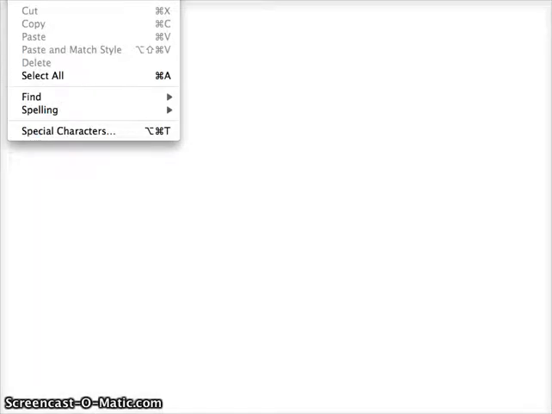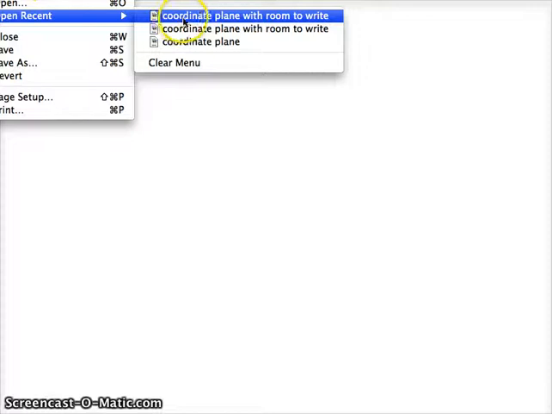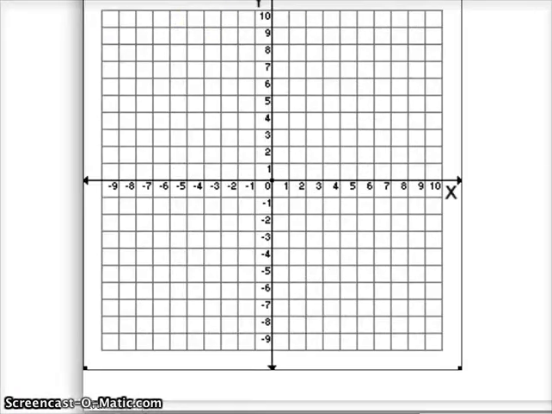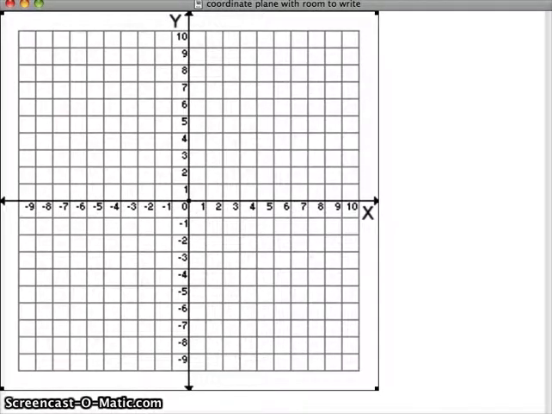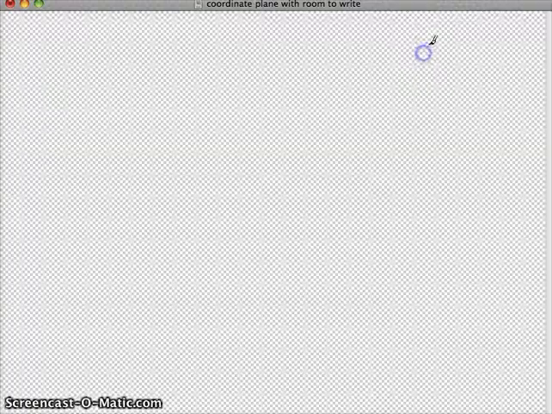Let's get our graph going here. Why are logs inverses of exponents? Let's do an exponential function here. So let's say y equals 2 to the x power.